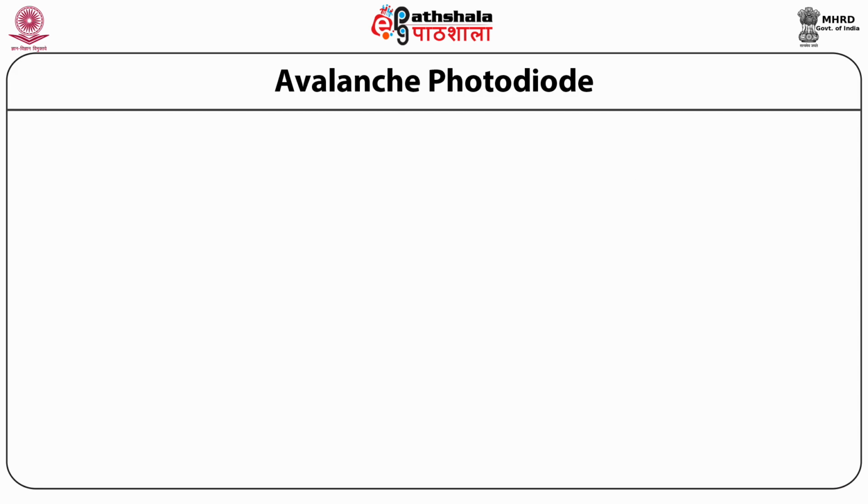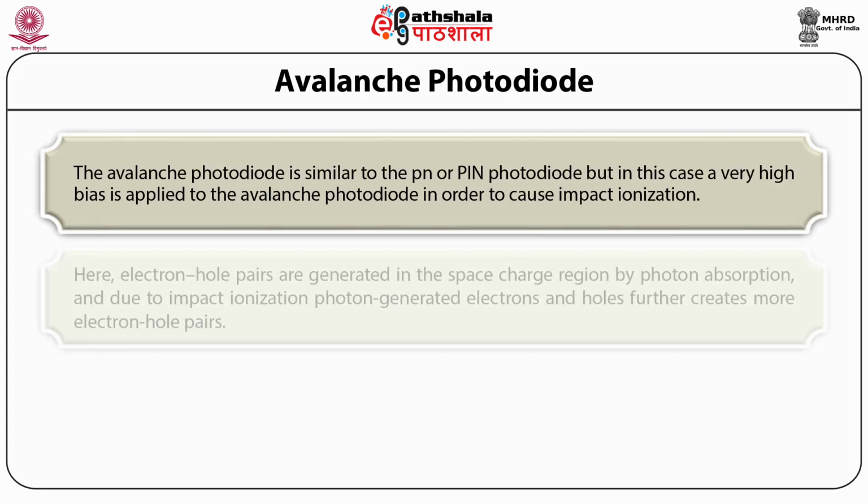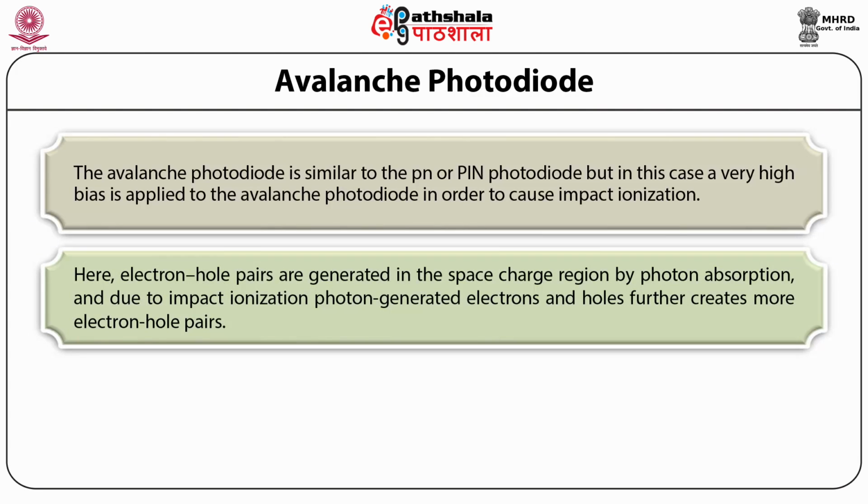Avalanche photodiode. The avalanche photodiode is similar to the PN or PIN photodiode, but in this case, a very high bias is applied in order to cause impact ionization. Here, electron-hole pairs are generated in the space charge region by photon absorption, and due to impact ionization, photon-generated electrons and holes further create more electron-hole pairs.